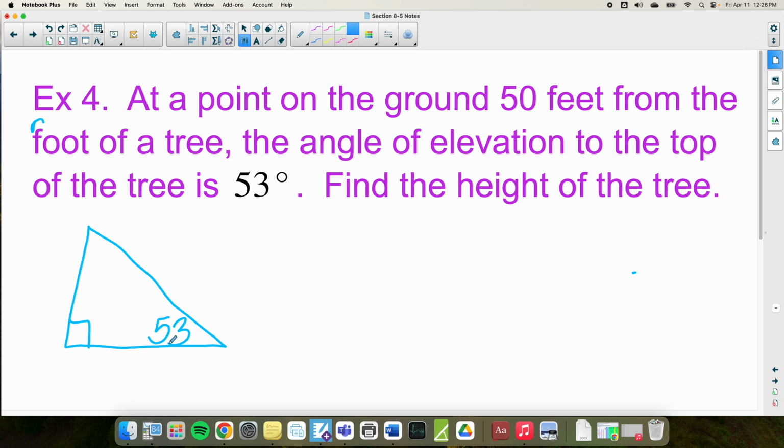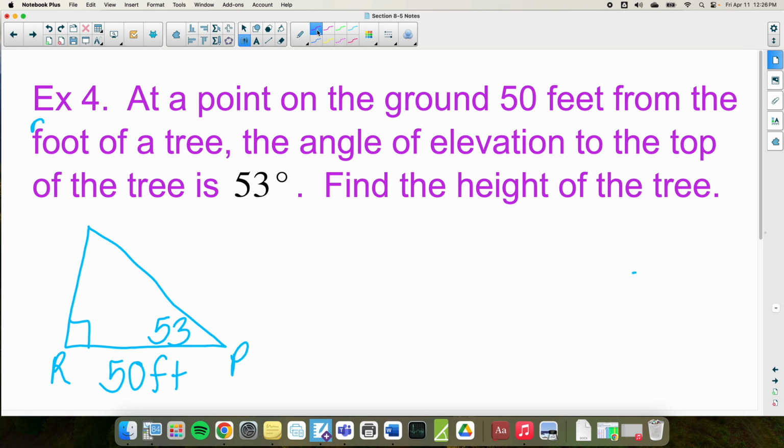At a point on the ground, 50 feet from the root of the tree. This is the root. This is the point on the ground they're talking about. So that would be 50 feet. Okay? Then they're going to ask you for something, and this one says find the height of the tree.